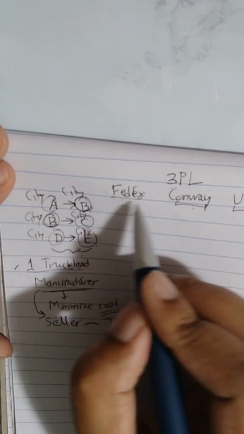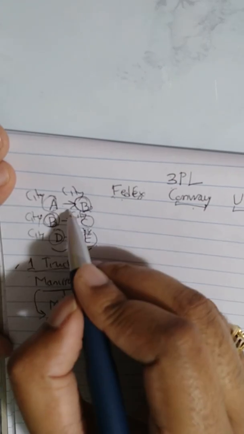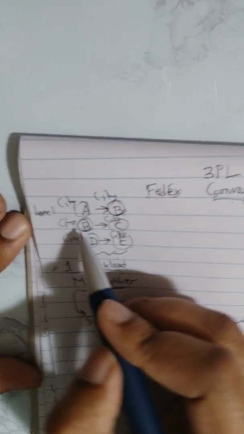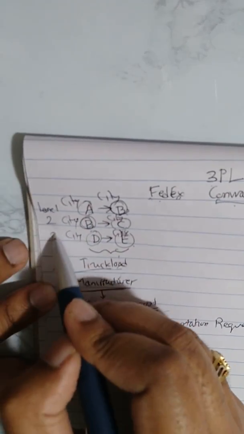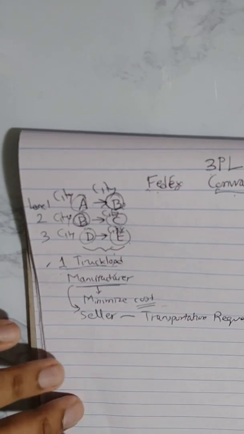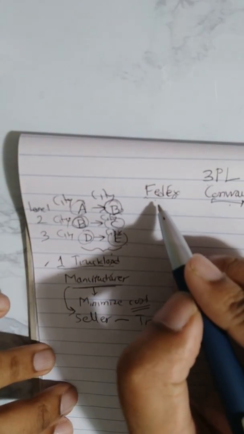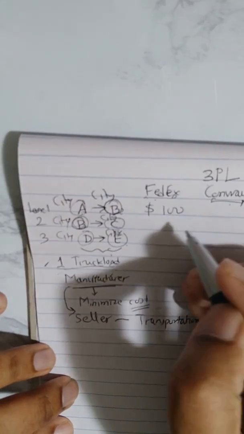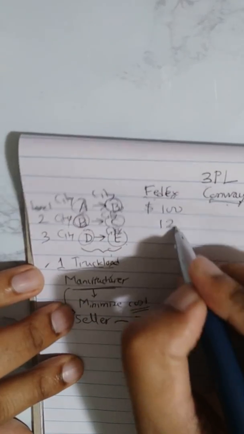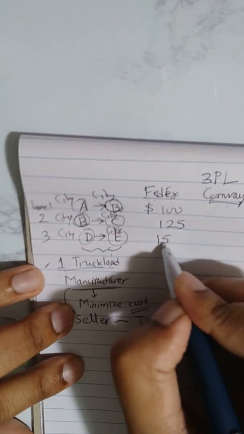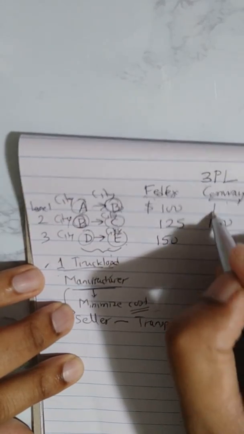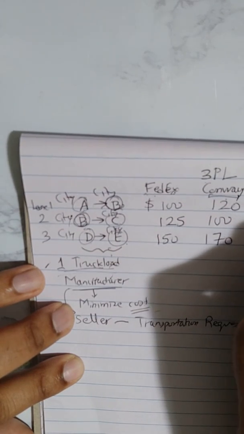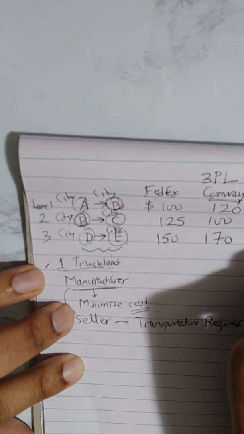So let's say that the bid from FedEx for the first lane, so let's call this lane 1, and again lane 2, lane 3. Okay, so now the bid from FedEx in lane 1 might be $100, and now this might be 125, this might be 150, this might be 100, this might be 120, this might be 170, and then 80, 90, 75.